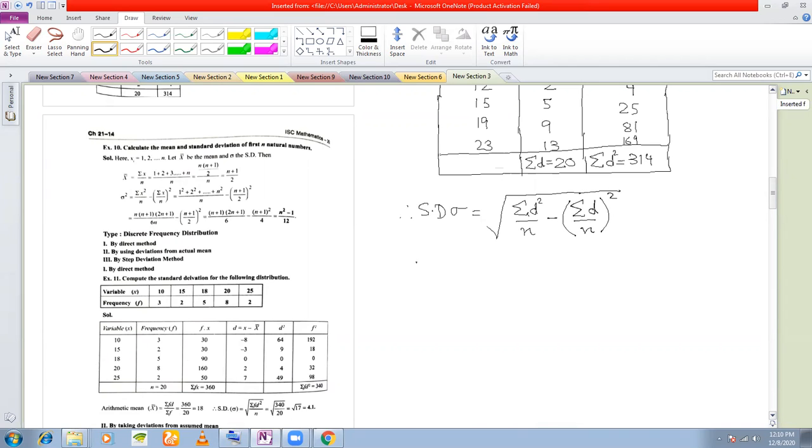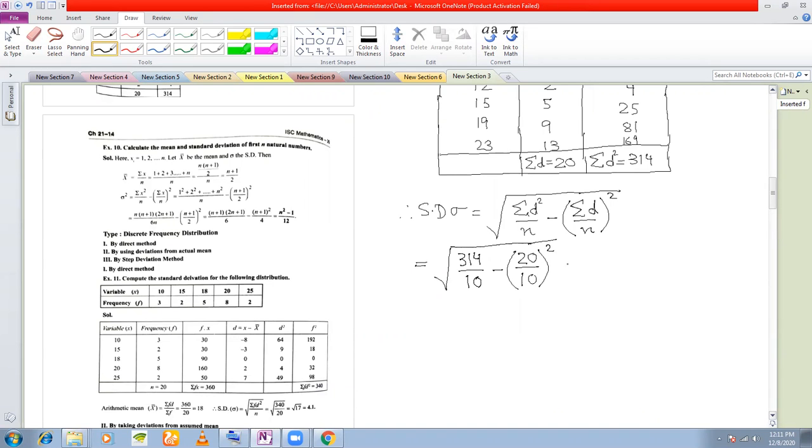Okay. Now you put this summation d square is 314 and n here is 10, minus summation d is 20 and n is 10, square.